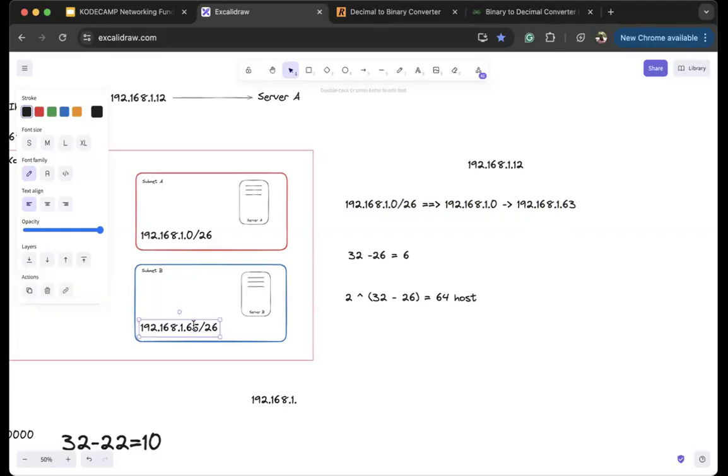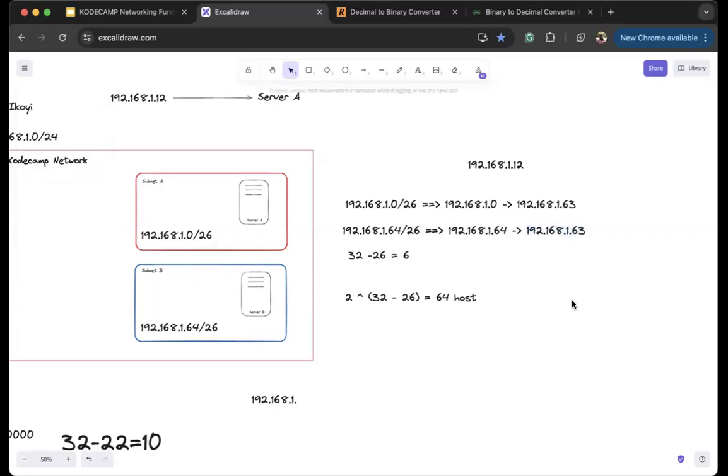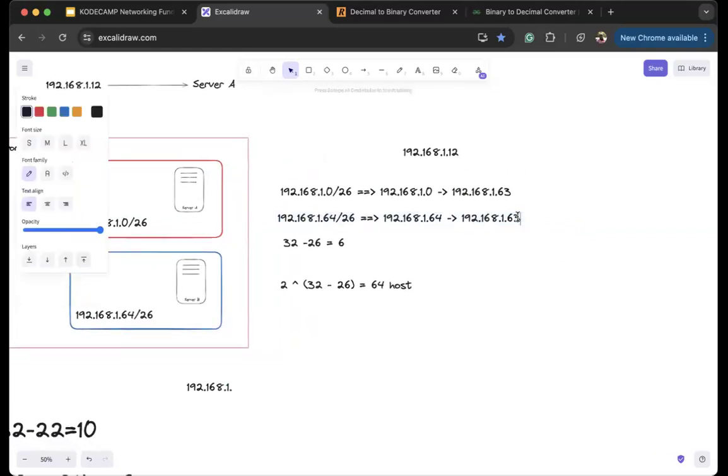Say this subnet now starts from 64 to 128, for instance.